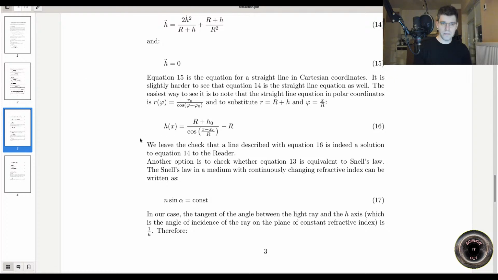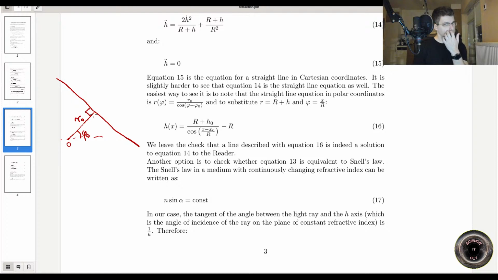Okay, let me quickly draw it for you. So let's say we have polar coordinates and we have some line. This is the straight line. If we choose the point that is the closest to the origin, so that this is at a right angle, and let's say this is at an angle phi 0, and it is at a distance r0.